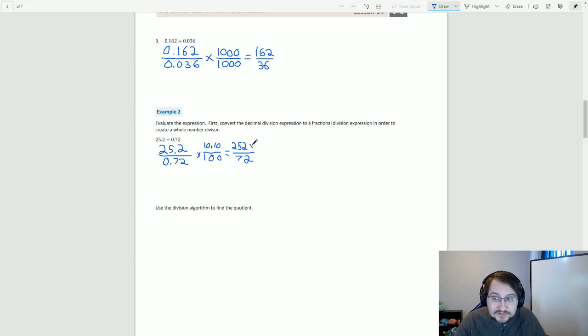And then 252 still needs to be multiplied by my second 10. And multiplying that whole number by a 10, well, that's super easy. That's just going to be 2,520. Because when I multiply a whole number by 10, I just add a 0 to the end of it.